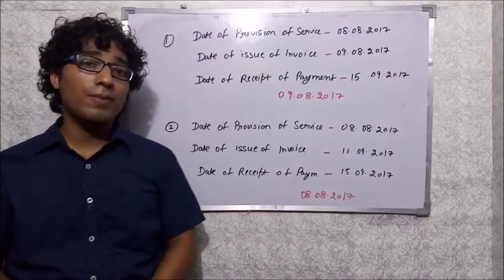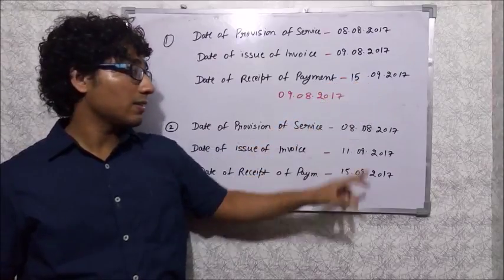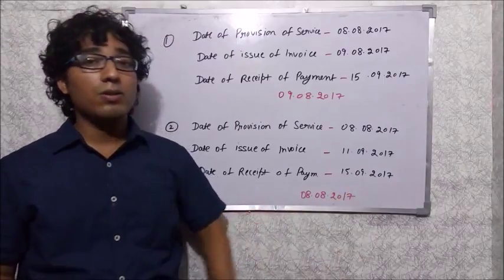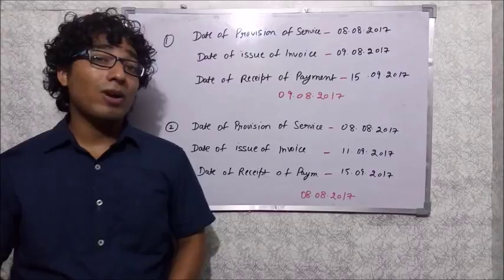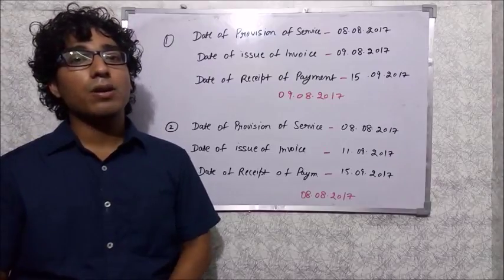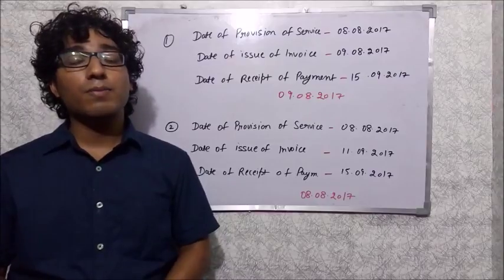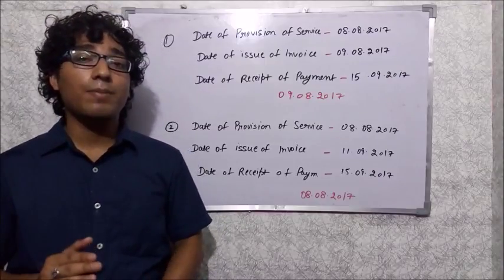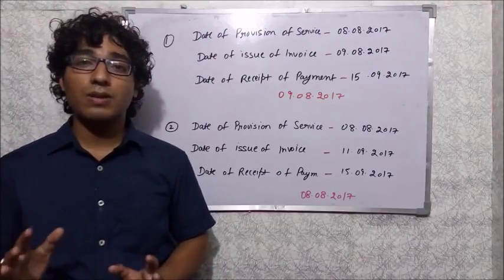And the date of receipt of payment is 15th September 2017. So first we have to check whether the invoice has been issued within the time prescribed under section 31 subsection 2, and the time limit is within 30 days from the date of provision of service.